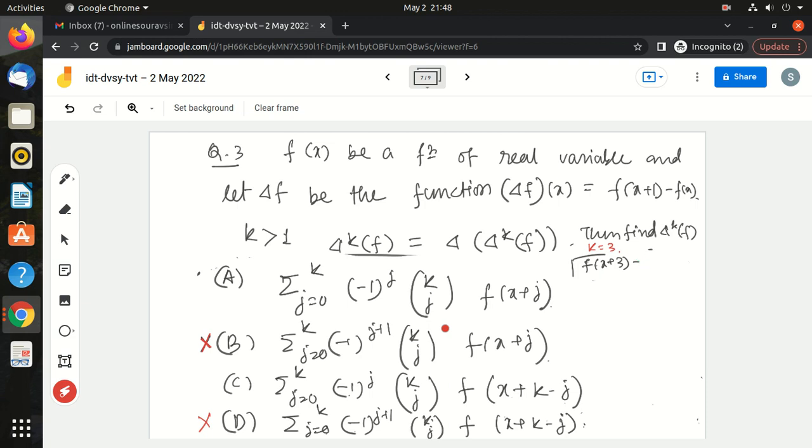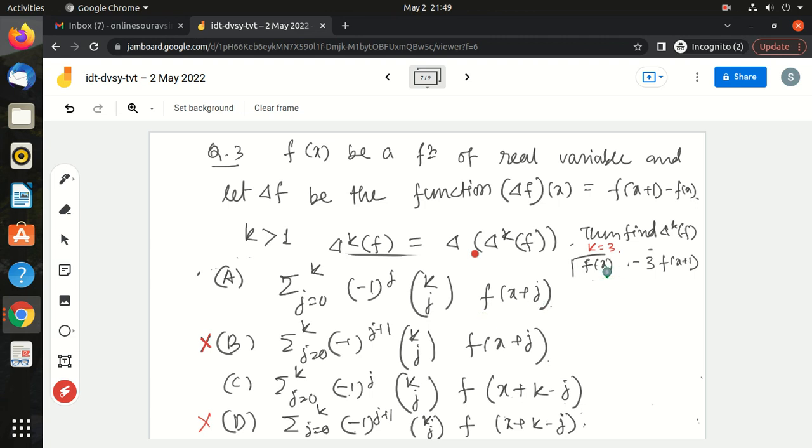If you put j equal to 1, you get k choose 1, which is 3, and f of x plus 1. Oh, I'm wrong here. Sorry. So this is f of x. If you put j equal to 0, minus 1 to the power 1 is 1, k choose 0 is 1, and f of x plus 0 is f of x. So here is the resultant thing.